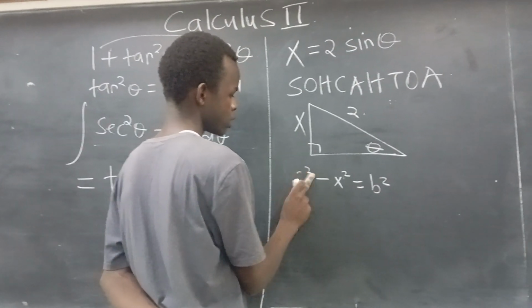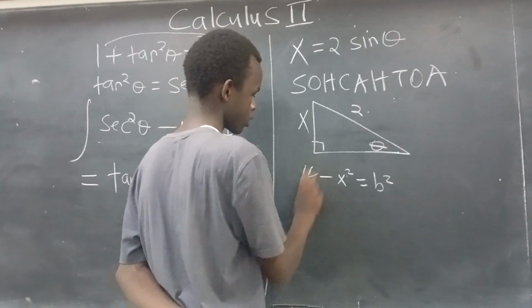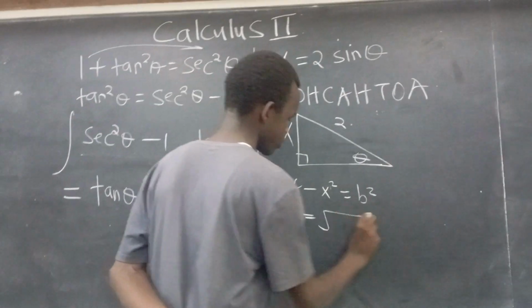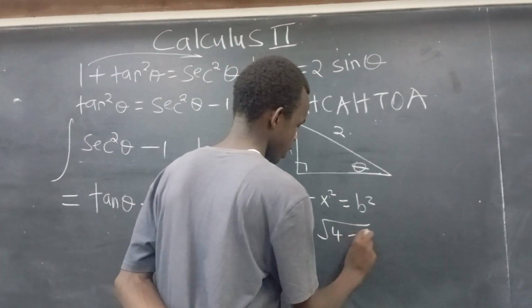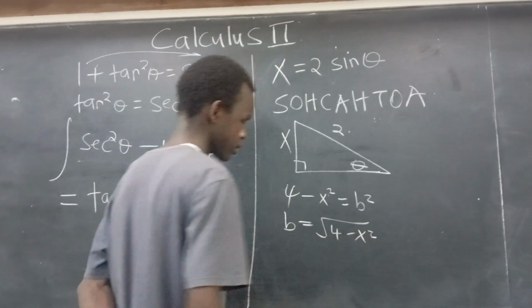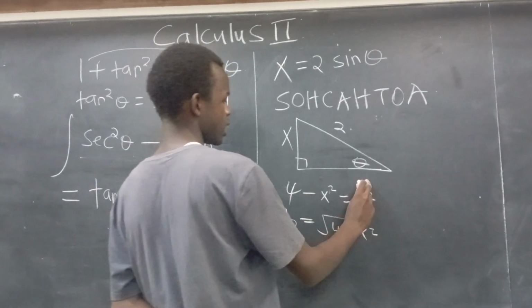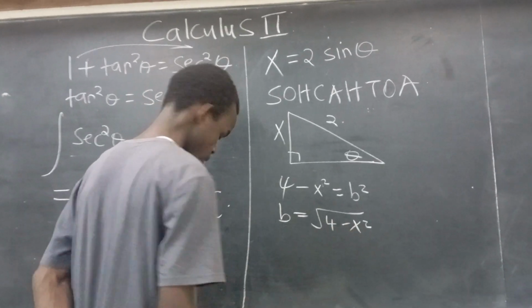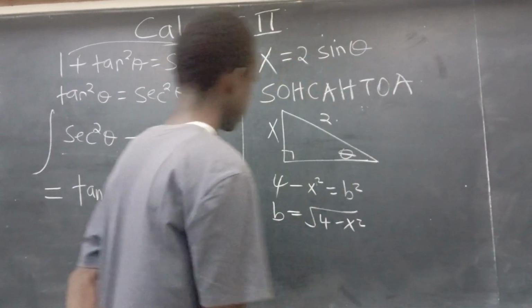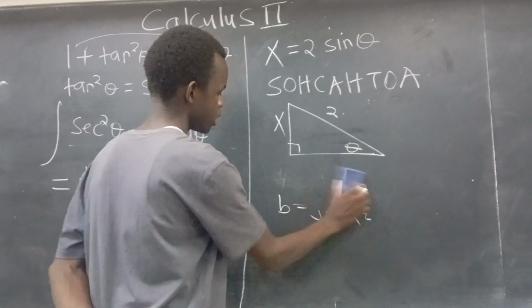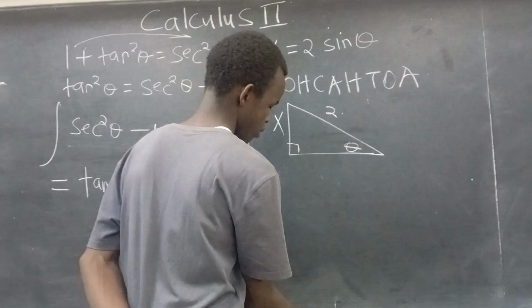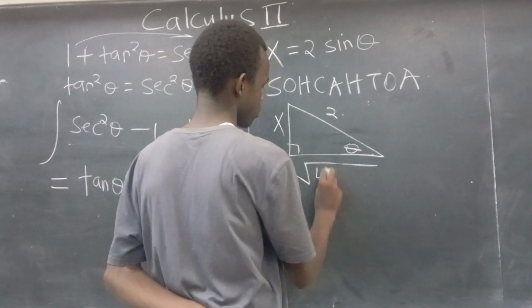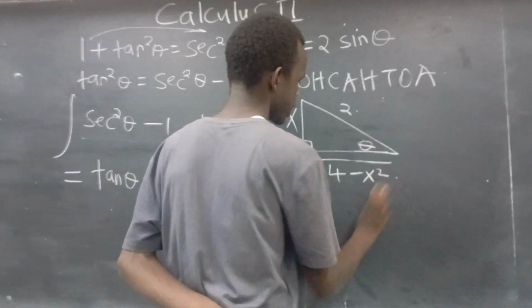What's 2 squared? It's just 4. So my b will be the square root of 4 minus x squared, right?